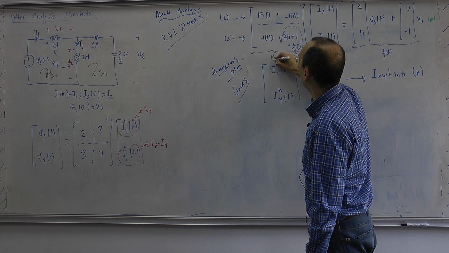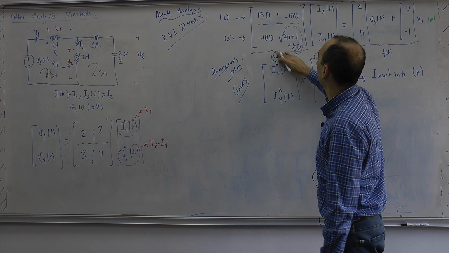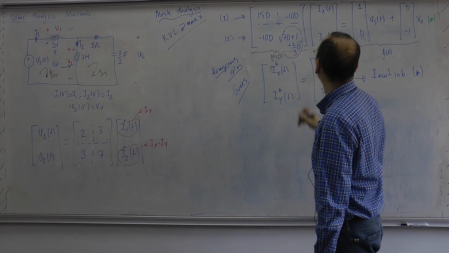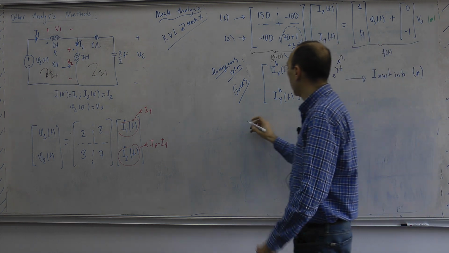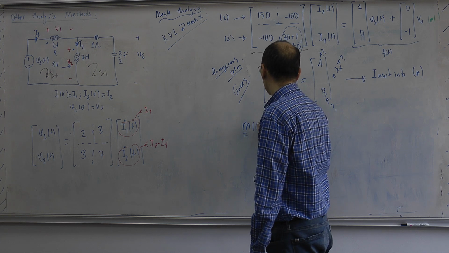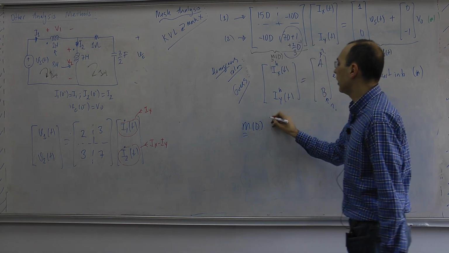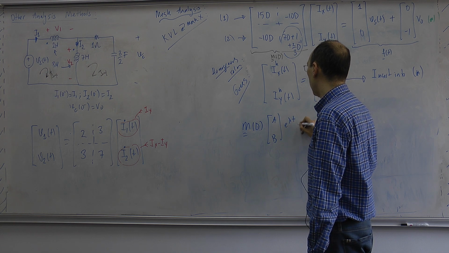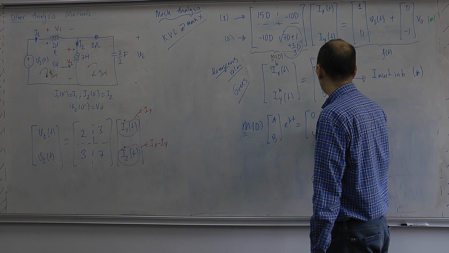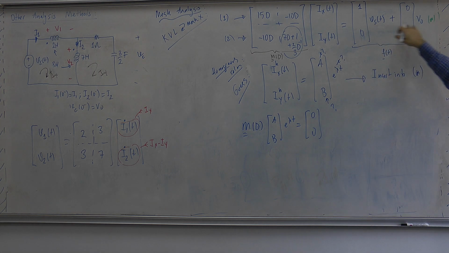If I call this an M matrix, which contains a D derivative operator, okay? So I'm doing this, M matrix with D, and I'm multiplying by AB, e to the lambda t. This is equal to 0, 0. Okay, because the right hand side is assumed to be 0 for the homogeneous case, as we have discussed.